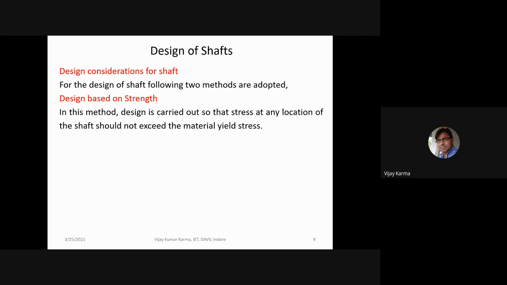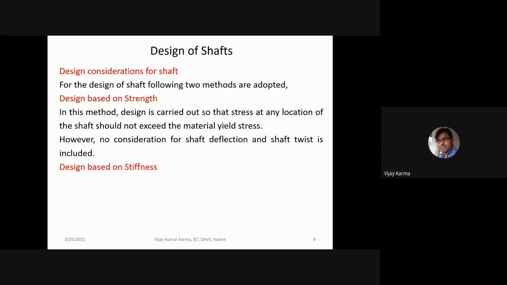That is the criteria. Whatever may be the working stress in the shaft, that working stress should be less than the permissible allowable stress of the material. So this method is used for designing the shaft. That procedure is known as design based on strength criteria. Here, shaft deflection and shaft twist are not included.